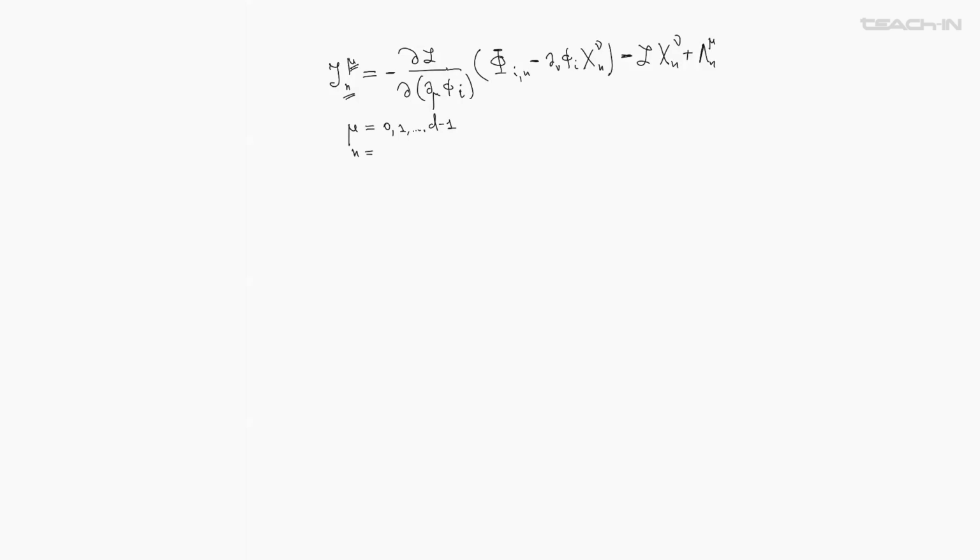So n runs from 1 up to s, in the sense that we have s independent continuous variation parameters.